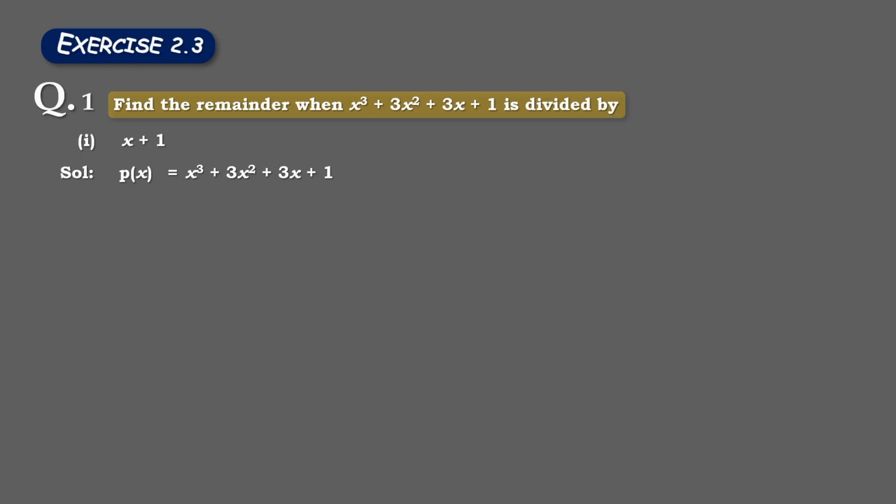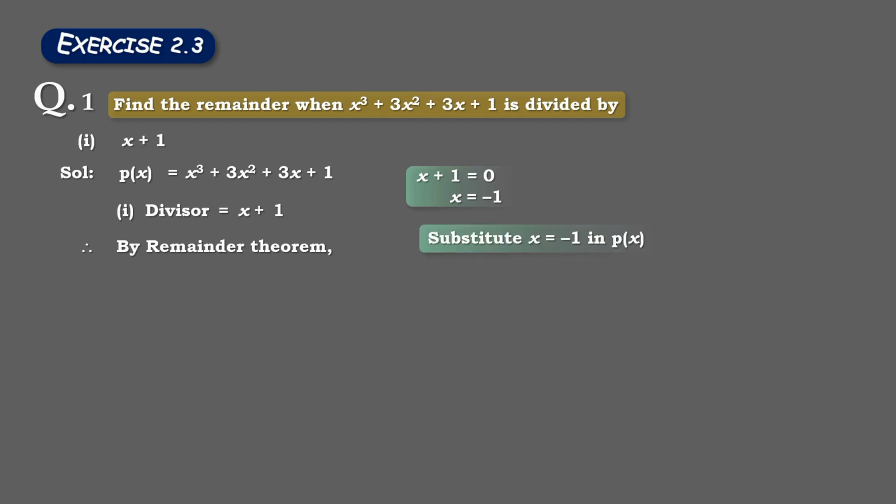The given divisor is x plus 1. According to the remainder theorem, if a polynomial p of x is divided by x minus a, then the remainder is p of a. Here, x plus 1 equals 0. So, x equals minus 1. Now we substitute x equals minus 1 in p of x.